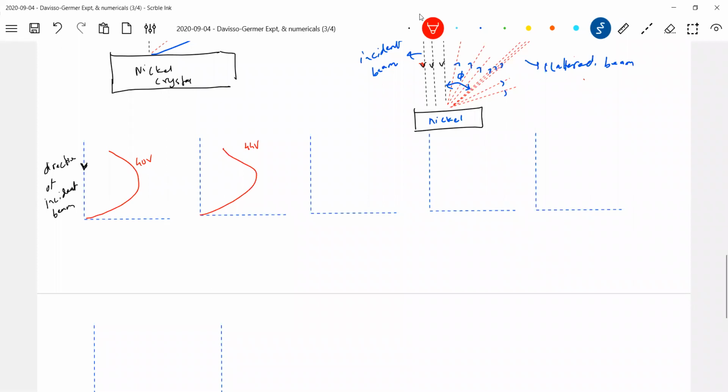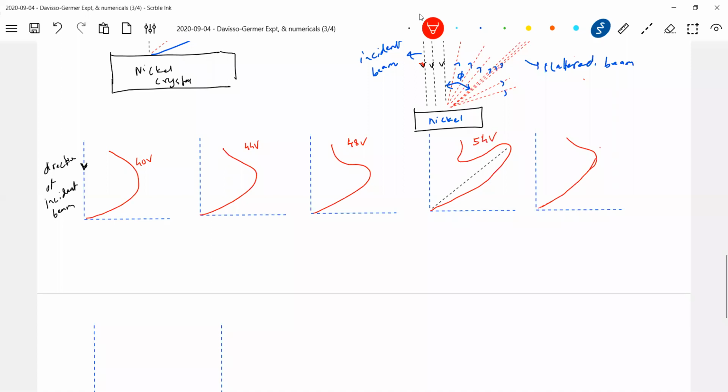44 volt. 48 volt. Look at that peak. So this is the 54 volt.